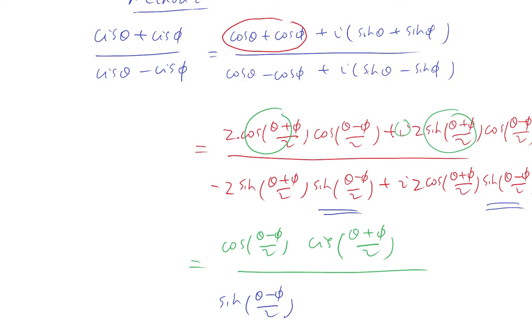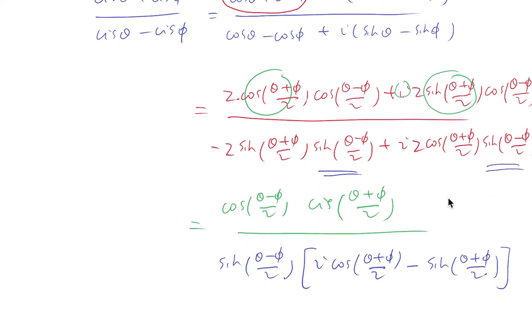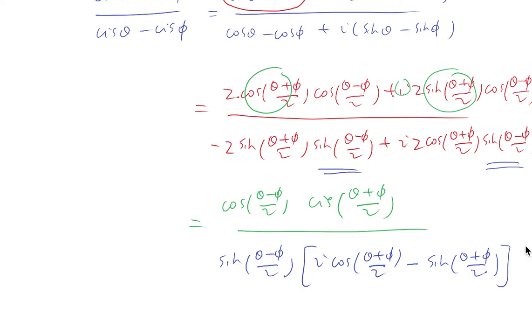And then we have, sorry, it's not cis anymore. It's just I cos minus sine, if I copy down everything properly. So you have I cos minus sine theta plus phi over 2.